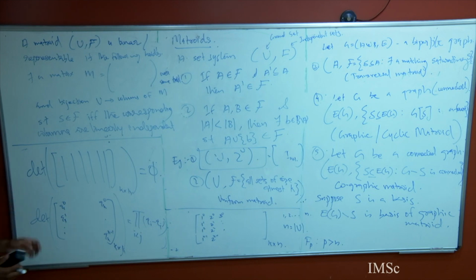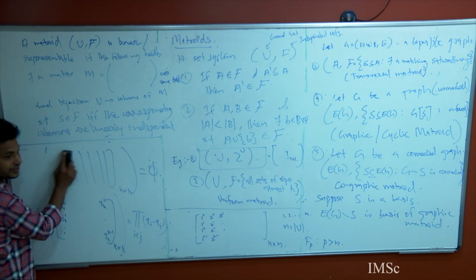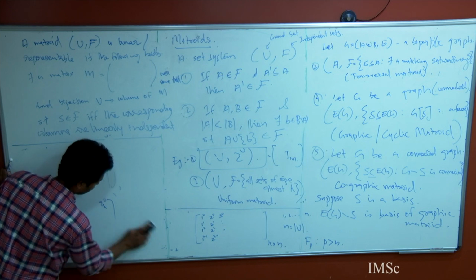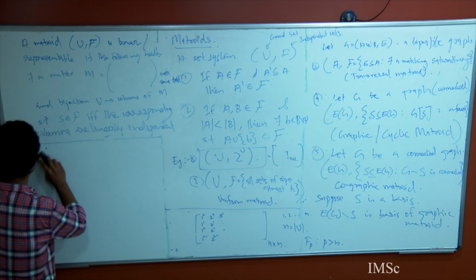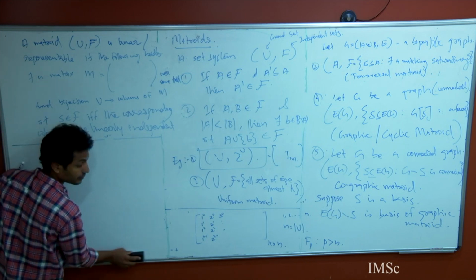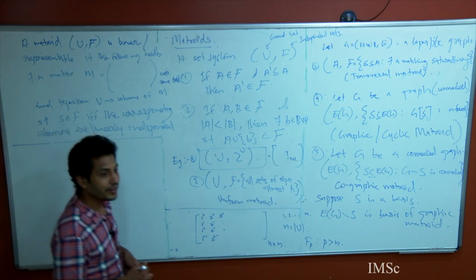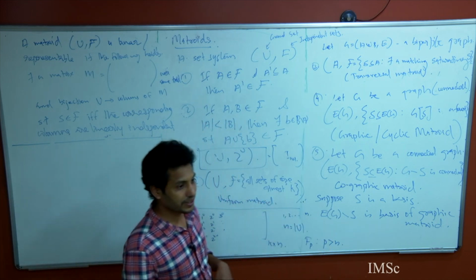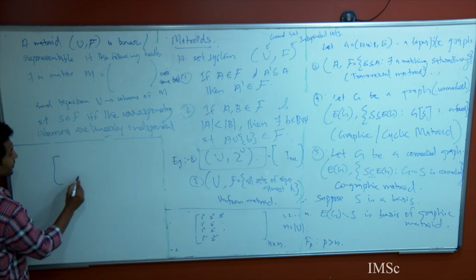So can you suggest some matrix, at least from that knowledge? Columns should correspond to... adjacency matrix means columns correspond to vertices, right? Incidence matrix. Okay, so take the incidence matrix, right?